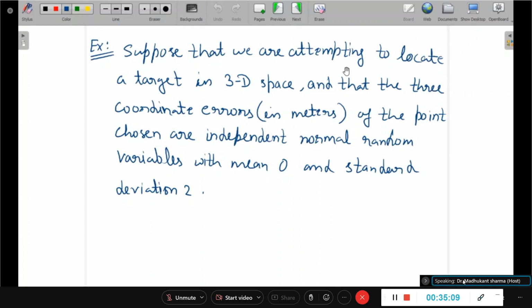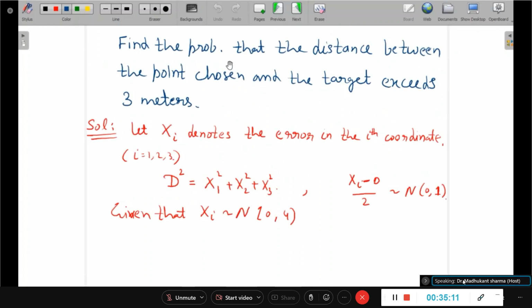Now find the probability that the distance between the point chosen and the target exceeds 3 meters. You know the distance formula, right?